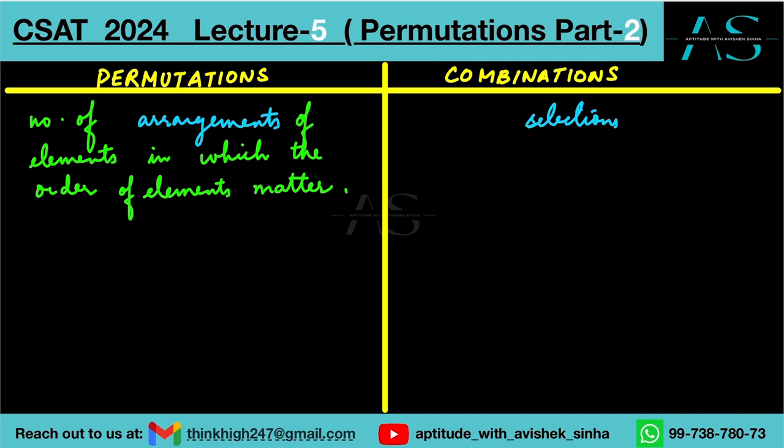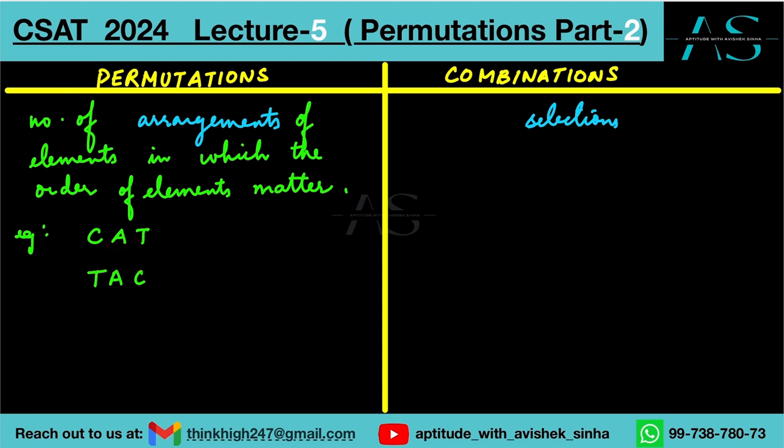Let's take for example a simple word. Let's say we have a word as cat, or you can take this as three different elements or three different persons standing, right? Now if I write here TAC, I'm considering all the three basic elements. The elements are same. C is present here, A is present here, T is present here.